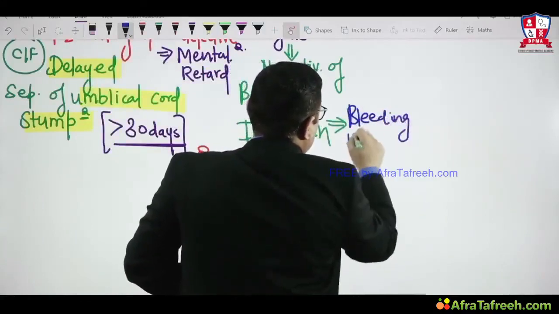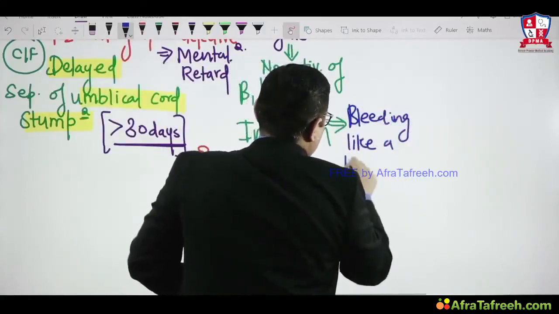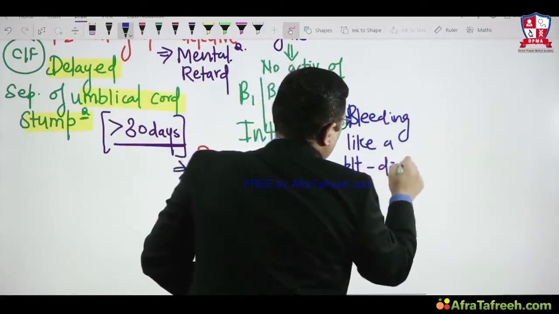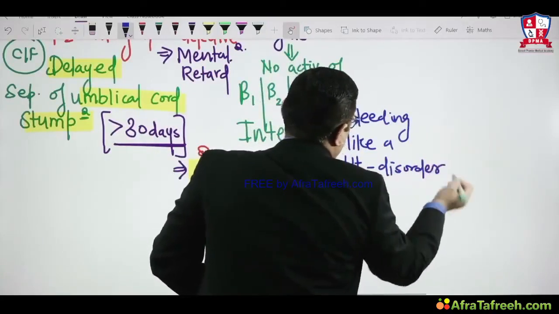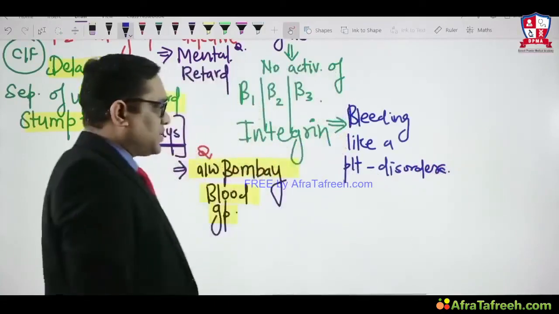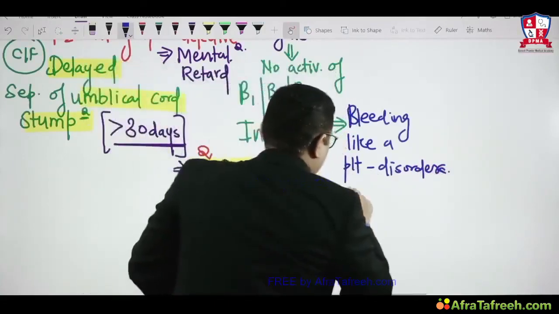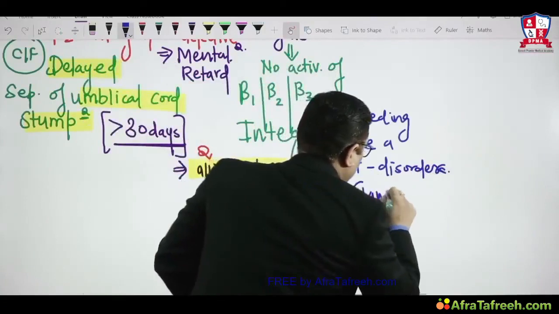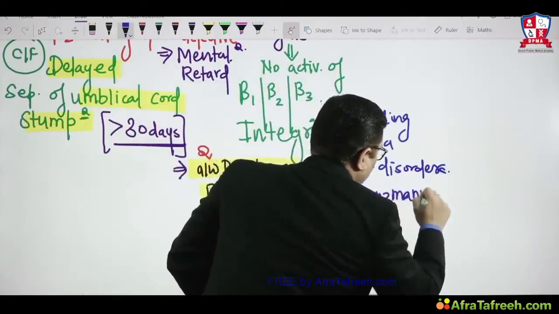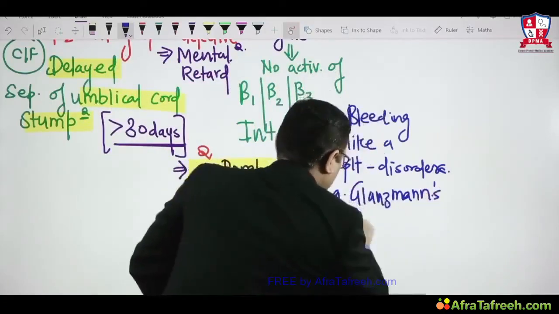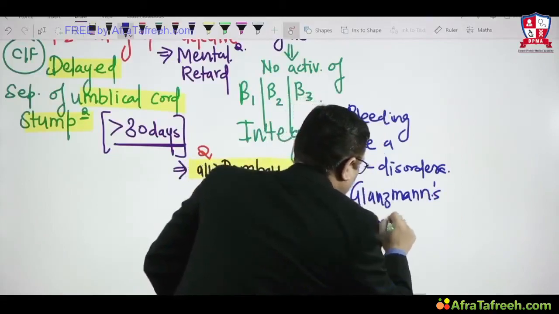Here the examiner had given the name of Glanzmann's thrombasthenia, a platelet functional defect disorder.